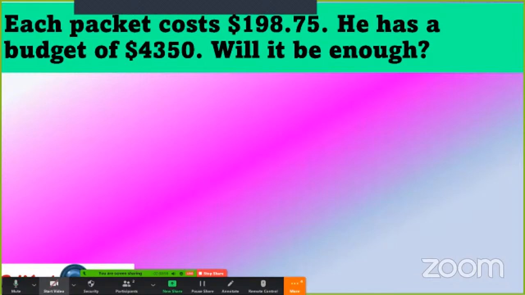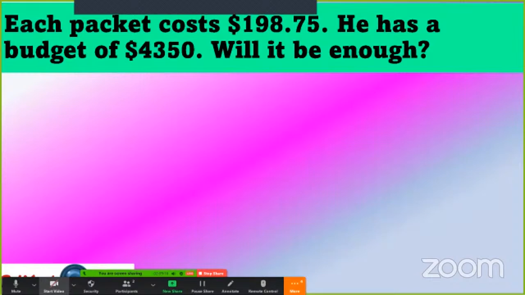Okay, miss. So what I have done, it says that for each packet, so for one whole packet, it costs $198.75. And there are 19 packets in total. So all I did was multiply those two, and I get $3,776.25.